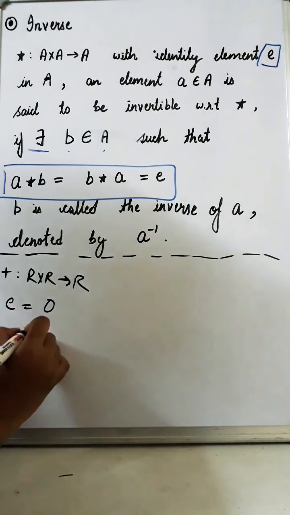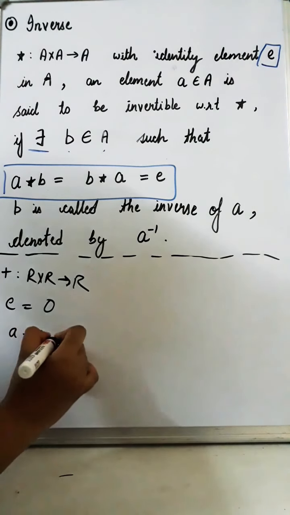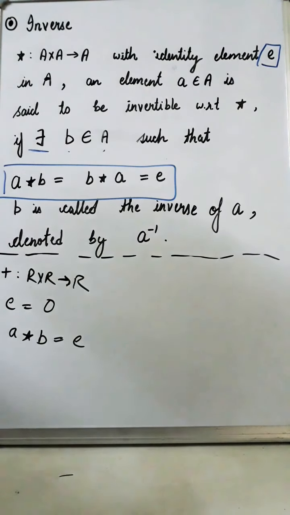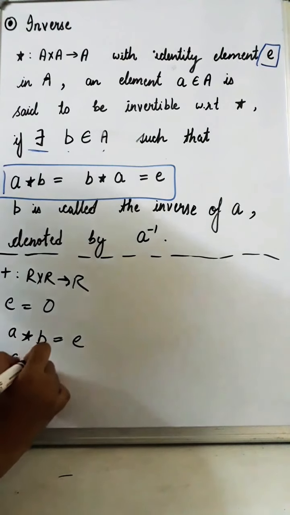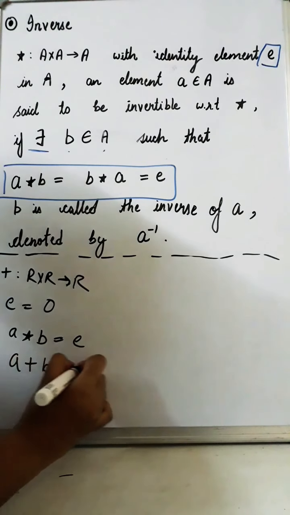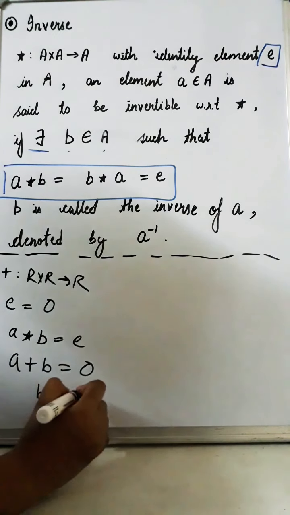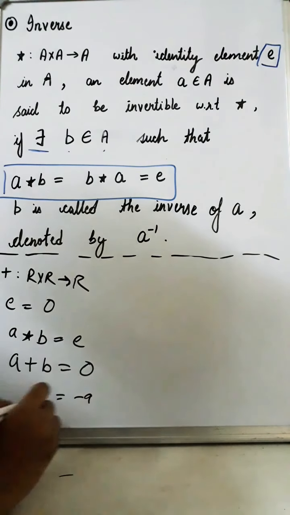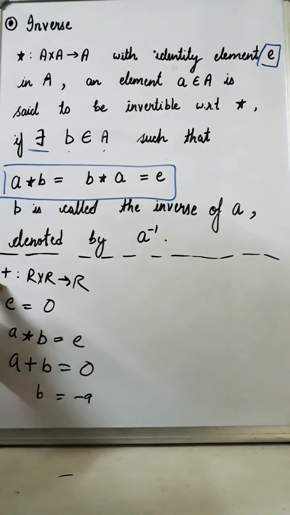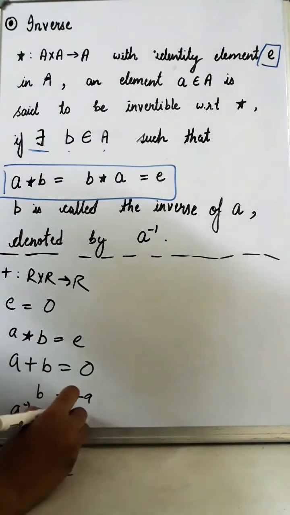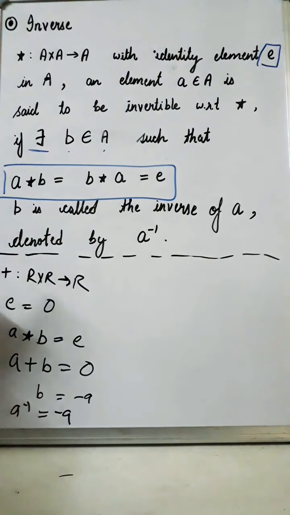So A star B is equal to E, as the statement says. Now A plus B is equal to 0. Alright, so what is B here? B is equal to minus A. So B is the inverse of addition. So A inverse is minus A. For the addition binary operation, your inverse is minus A for every A belonging to R.